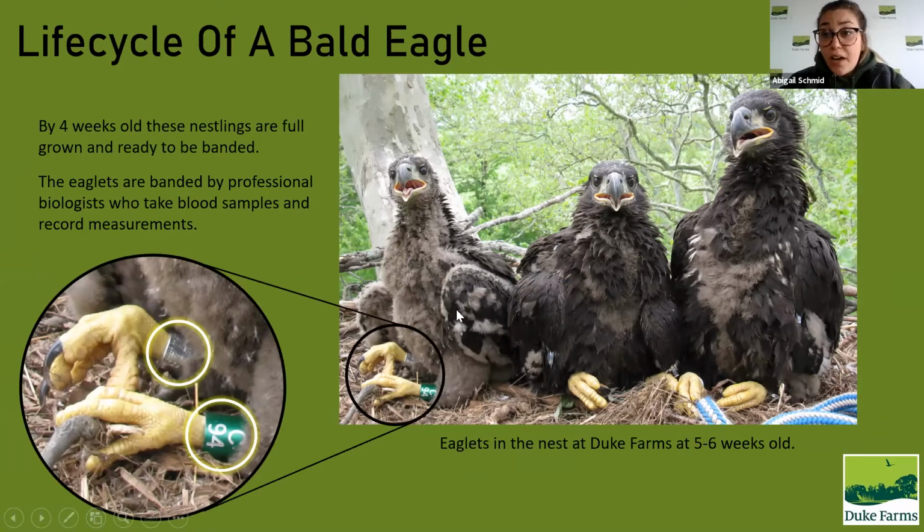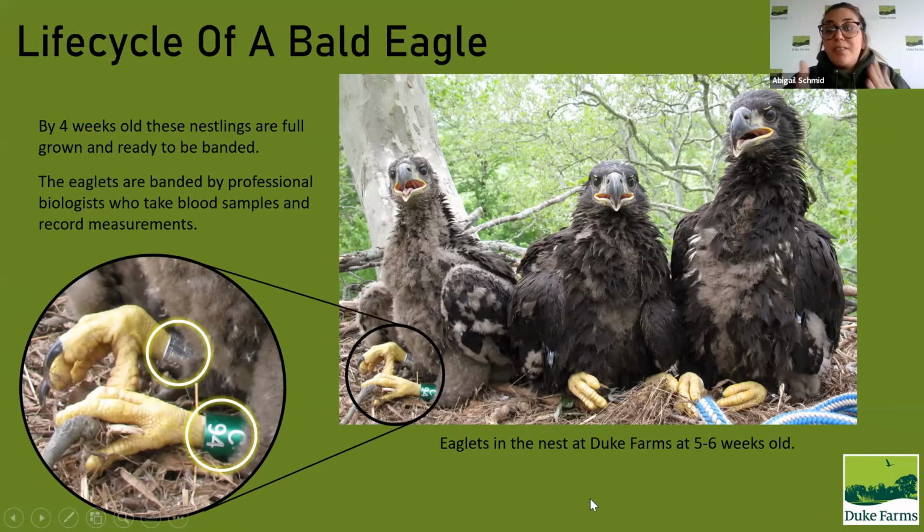Their juvenile feathers haven't come in as much. So we could assume maybe this is the last egg that was hatched. This one is kind of half and half, right? It has both the thermal down and those juvenile feathers. And then this one looks like it mostly has those juvenile feathers coming in.